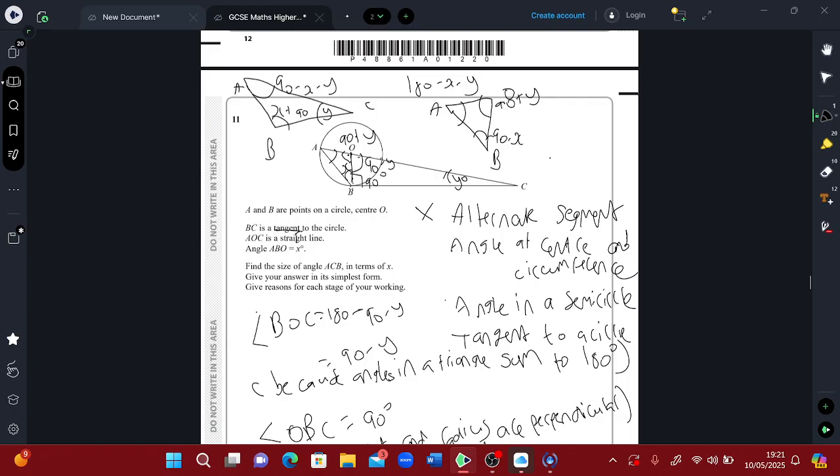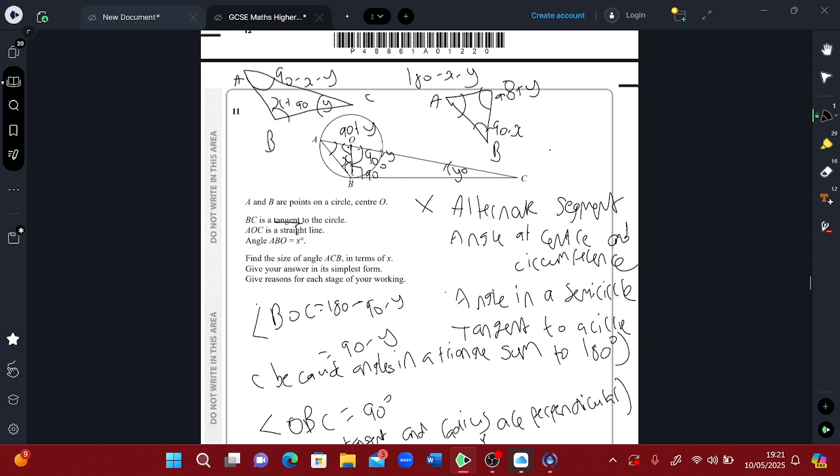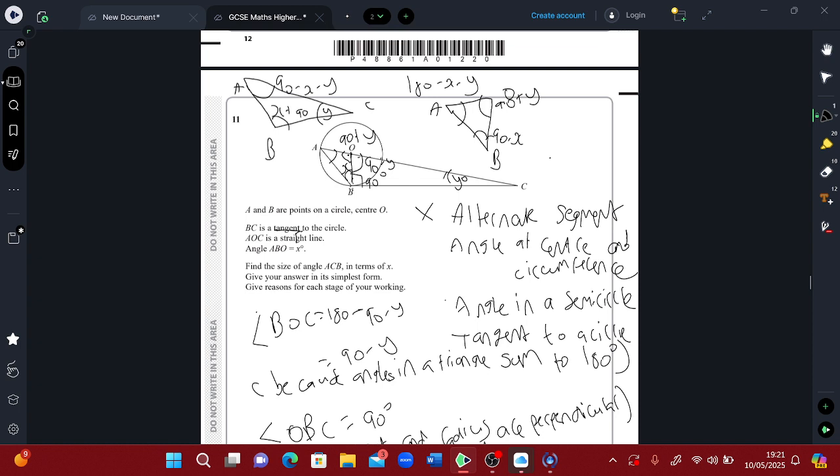Hmm. Well, I think this is where it might be centre and circumference. So I think this should be 45, shouldn't it? No, sorry, this is a half. Ah, yeah, because we're going to want a fraction, aren't we? Yeah. So we can then invoke centre and circumference.